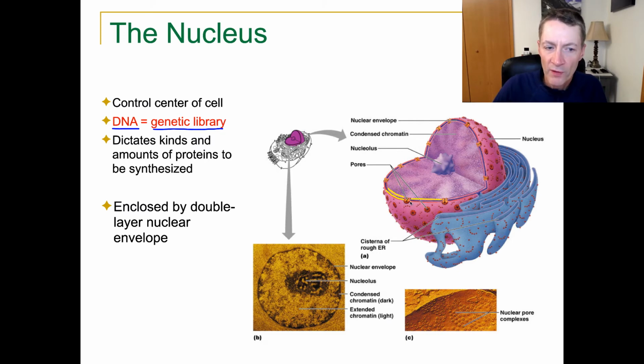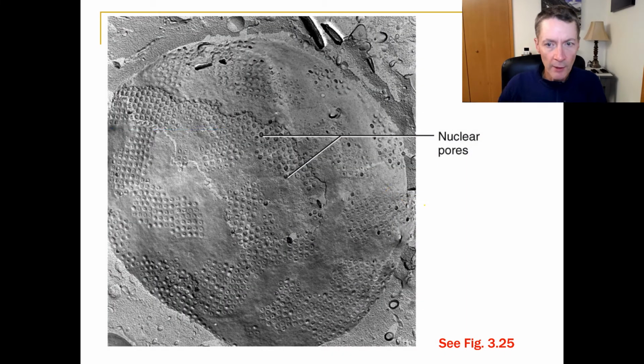There are pores in that double membrane that allow items to move through. This is kind of double what you would see on the plasma membrane that surrounds the cell. We'll talk about what those pores are for later.